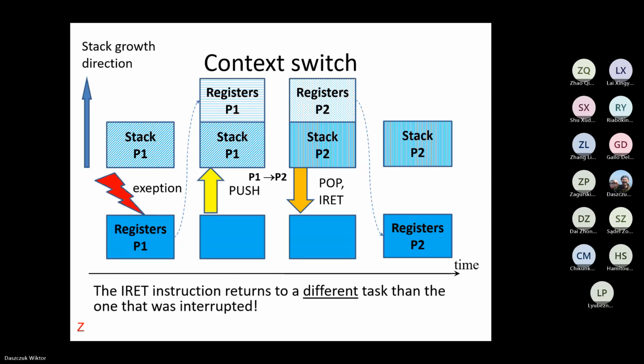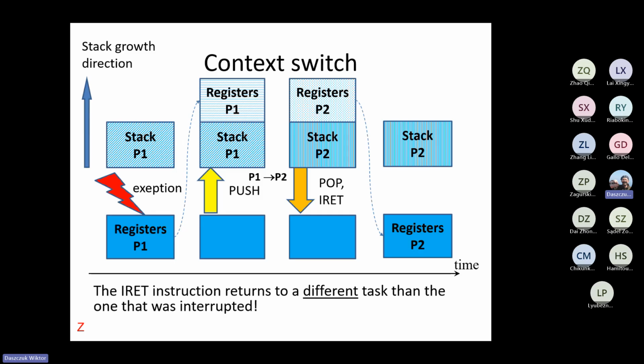And I assume that the scheduler decided to switch from task P1 to P2. And now we restore the registers of P2 from its stack to physical registers using the pop operation. And the final two registers, which form the interrupt vector, are restored using IRET.